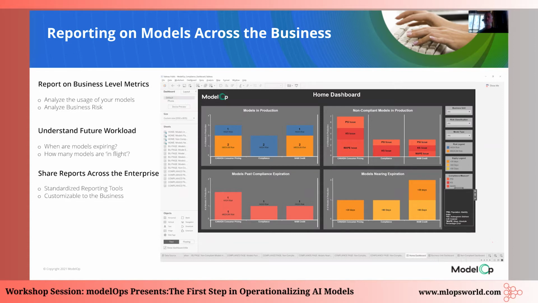But really, what we want to know at a business level is not so much about the individual models, but where are all my models at, compared to my actual goals for compliance across all kinds of models, performing all kinds of tasks, so I kind of know some of my potential liability and things like that.